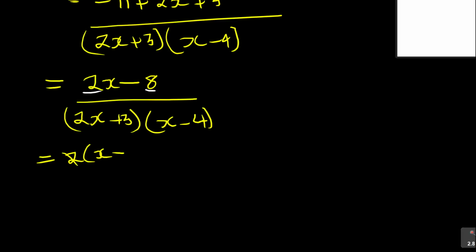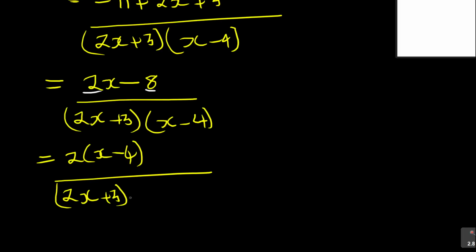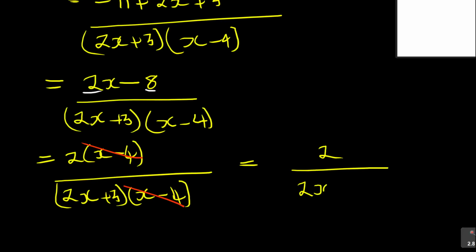So x minus 4 over 2x plus 3, and what else? X minus 4. You see, they are very intentional about this. You further cancel x minus 4, x minus 4, and then the final answer therefore becomes 2 over 2x plus 3.